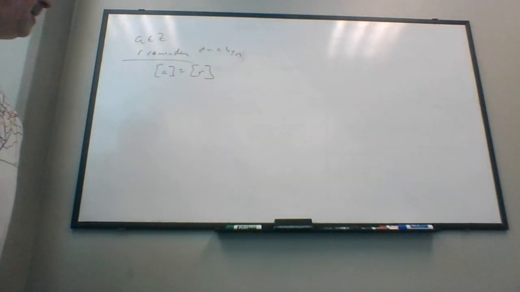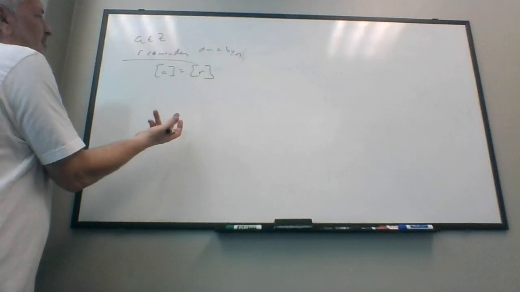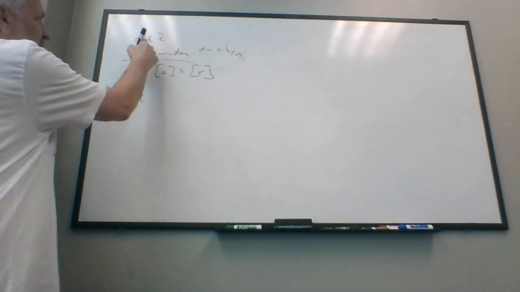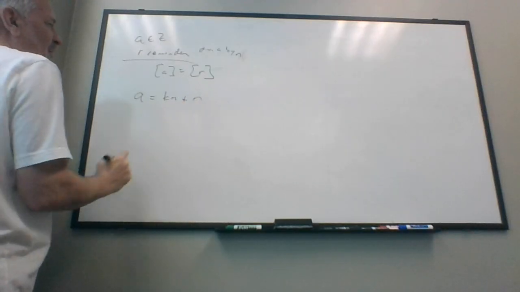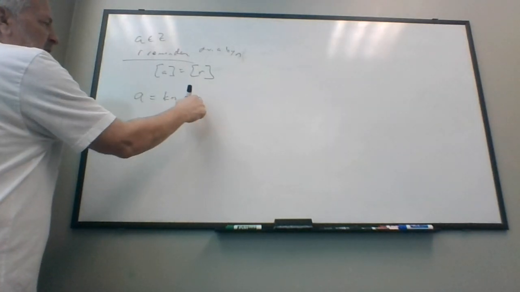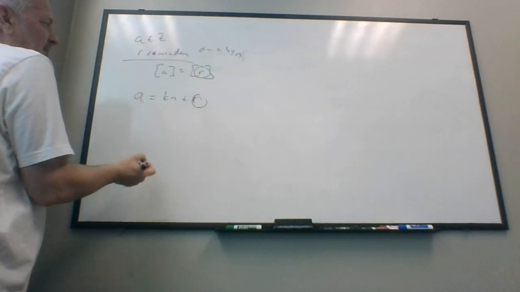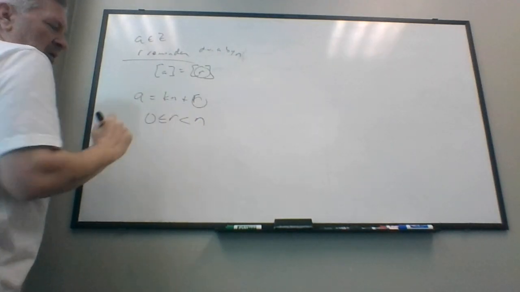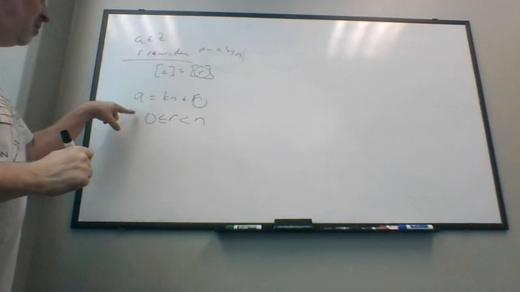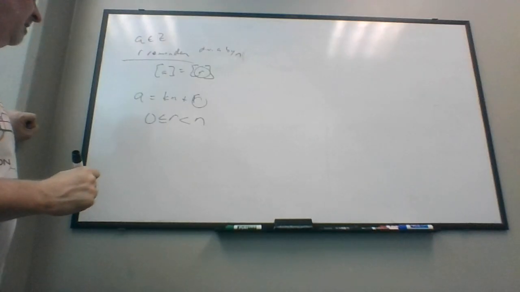Now if you think about it, remember when we did the division algorithm? If you divide A by n, A is going to be some kn plus some remainder, but what was the restriction on the remainder R? R was between 0 and n. R could be 0, but we didn't let R be n because then you cycle back around to the remainder is 0 case.